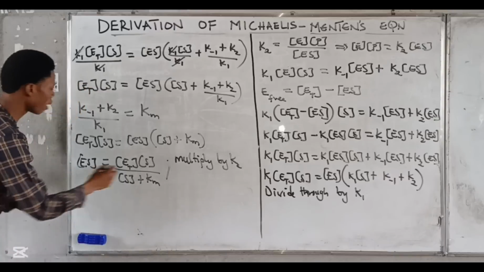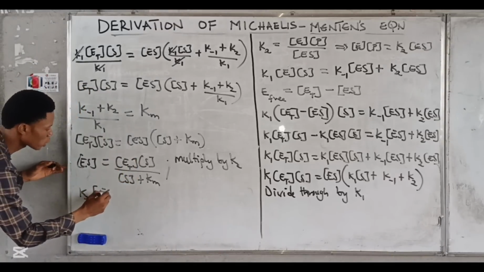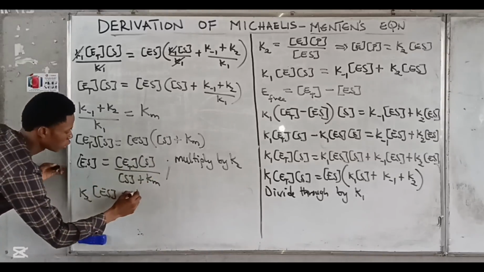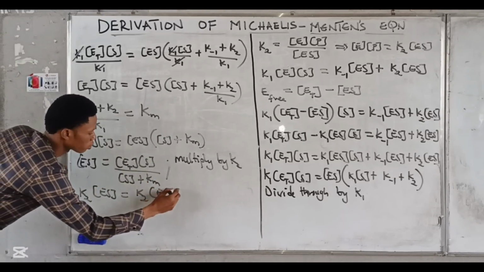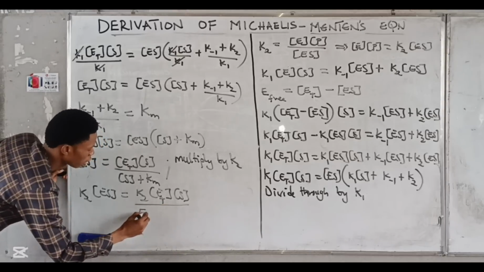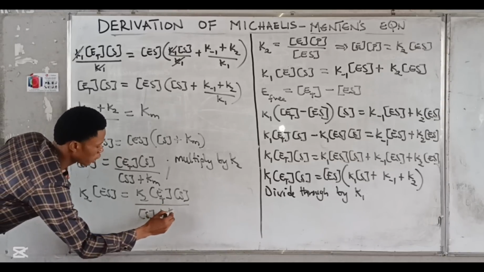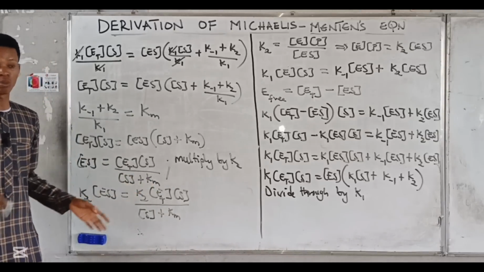If you multiply through by K2, here we'll be having K2 ES equal to K2 ET S all over S plus Km. If you are multiplying through by K2, it's just the upside that the K2 will be.